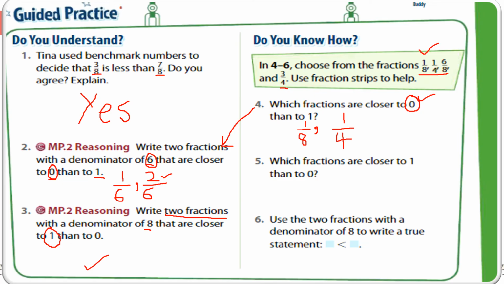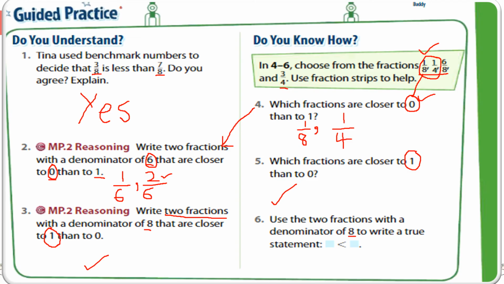Question 5. Which fractions are closer to 1? You have to write it yourself. You can see that the fractions with a smaller numerator are closer to 0, so which fractions will be closer to 1? Write them here. Very good. Use the two fractions with a denominator of 8 to write a true statement.